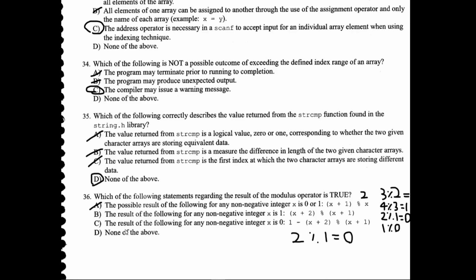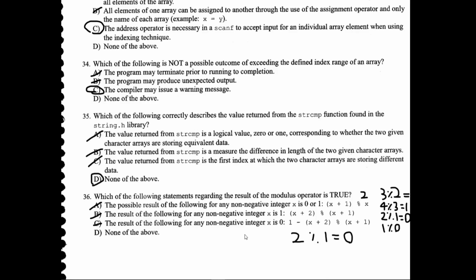And then C also asks, the result of the following for any non-negative integer x is 0. And then it has the same expression, but it has 1 minus that expression. So since we already know that this can be 0, we know that if x is 0, this is going to evaluate to 1 minus 0, which will evaluate to 1. So we know that C and B both are false.